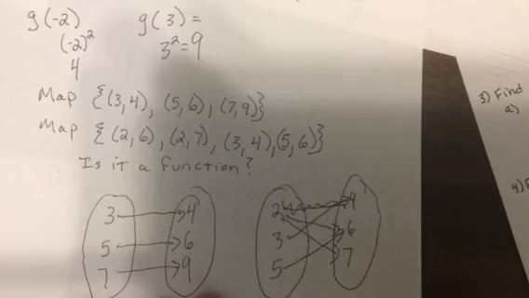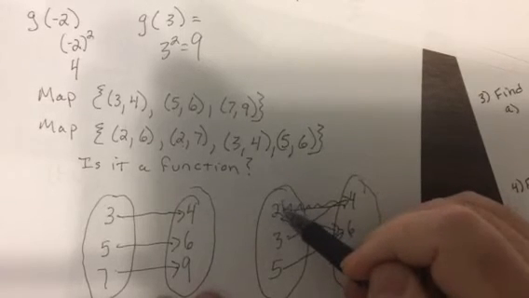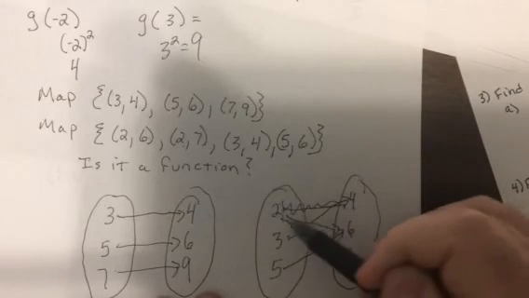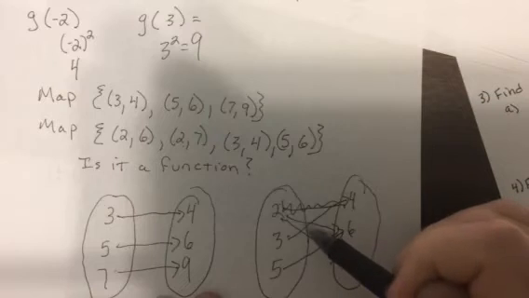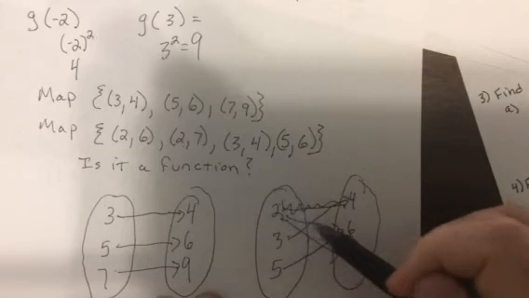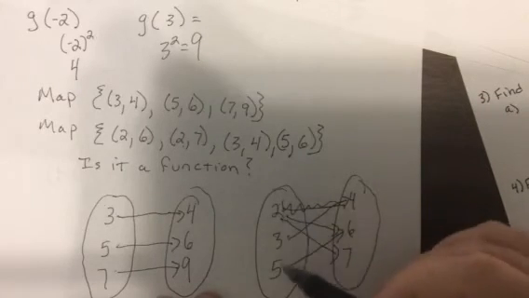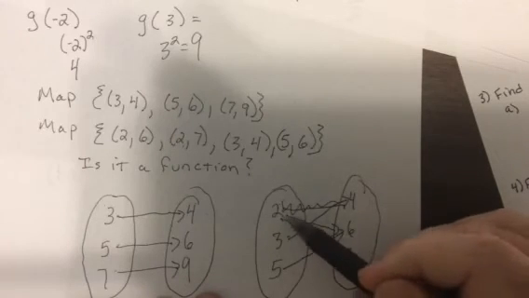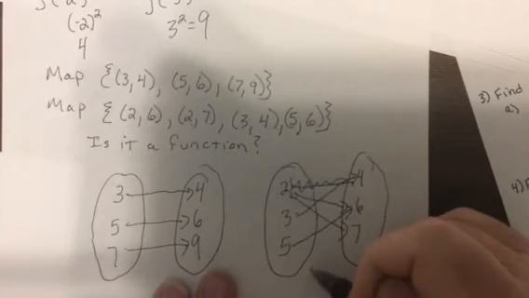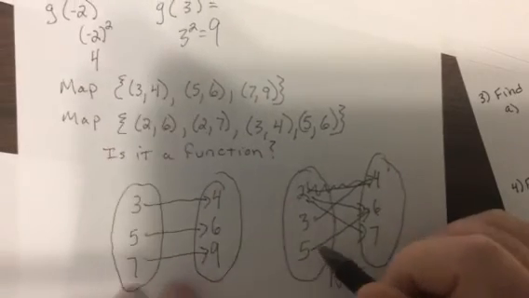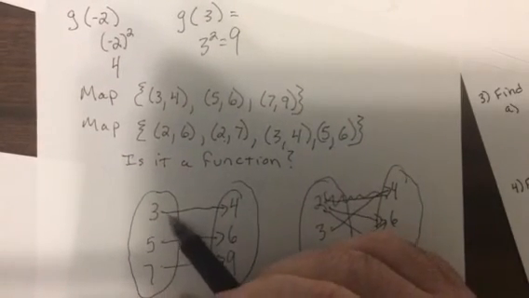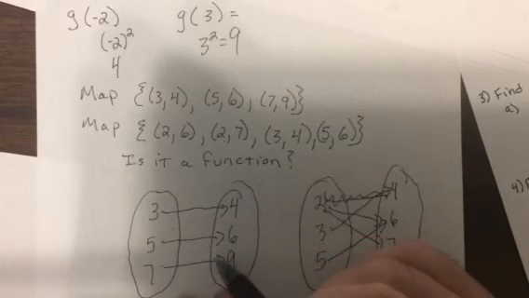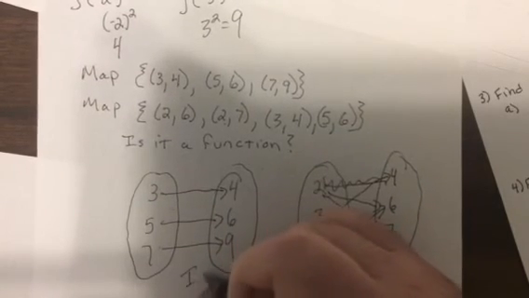Now, if you have a number in the domain that has more than one arrow with it, it is not a function. So I see 2 arrows with the 2 over here. It doesn't matter over here the range. But if the domain has more than one arrow with it, it is not a function. If you only have 1 arrow or no arrows, then it is a function.